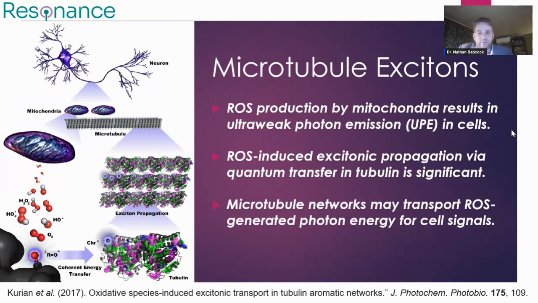And these microtubule networks may transport reactive oxygen species-generated photon energy for cell signals. And I say this to give you some impression of where we're going as we continue: the role for reactive oxygen species and microtubules can control many health and disease aspects of the cell.